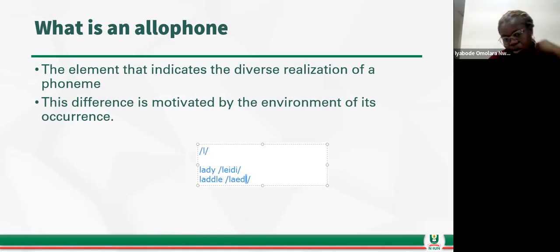So this is when you begin to talk about allophonic variation. It is the same sound, it is the same lateral. Of course, I want to assume that you understand that this is an alveolar lateral. Is that okay? Now, what is affecting it?